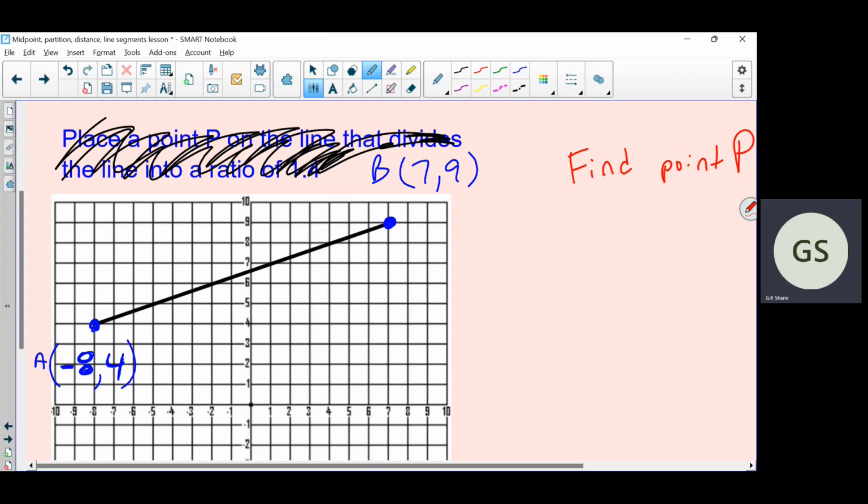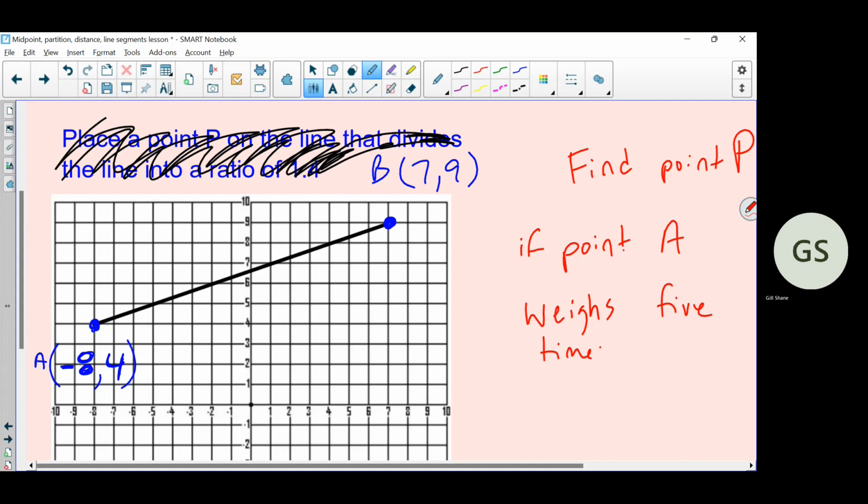I say find point P if point A weighs, remember that's where you're going to get your weight from, 5 times as much as point B. And I'll read that out if you can't remember.